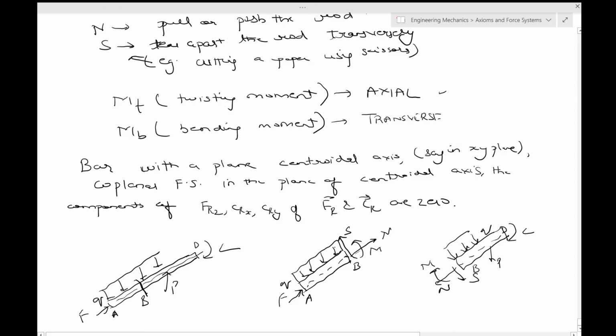So this is what we mean. If you have a coplanar force system in the plane of the centroidal axis, the components FRZ, CRX and CRY will also not appear. Okay, so this will just not appear because there is no component of F in the Z direction. Okay.